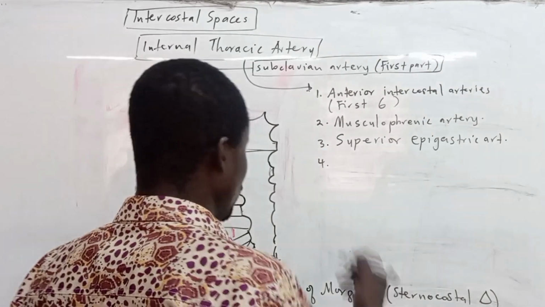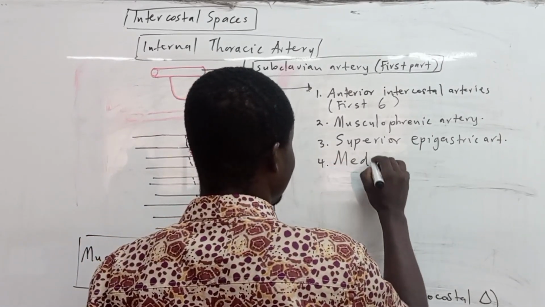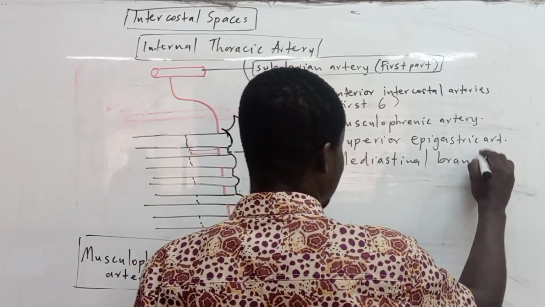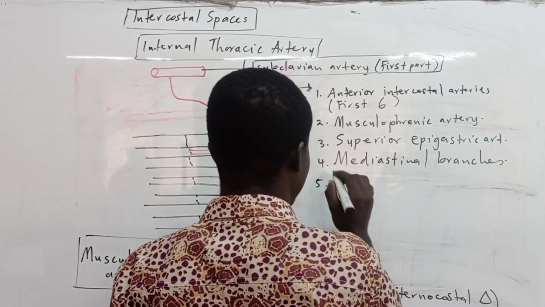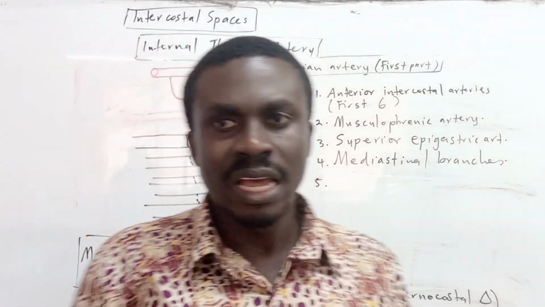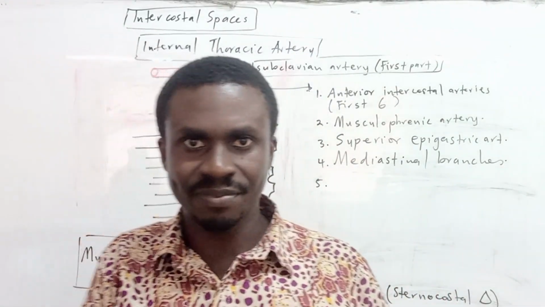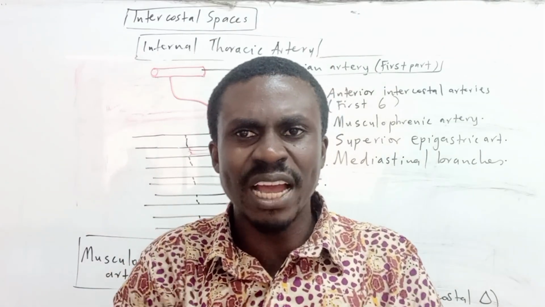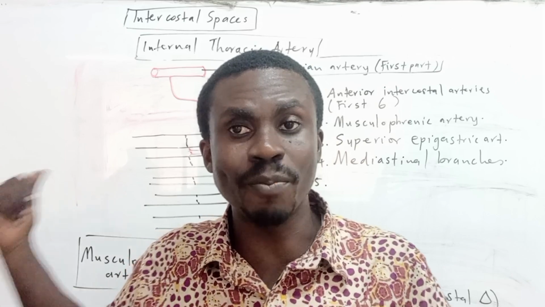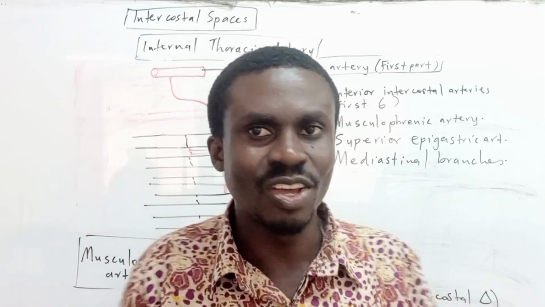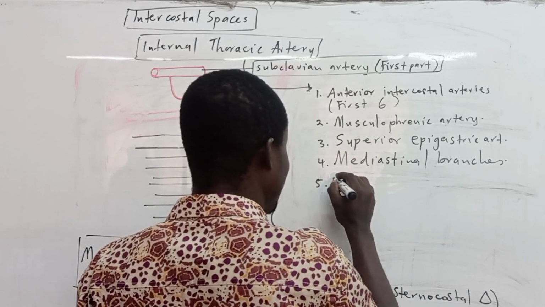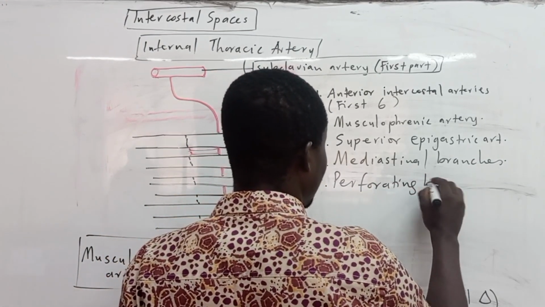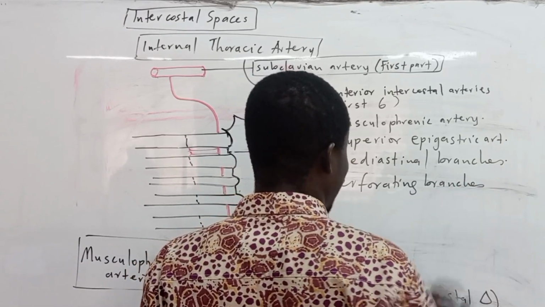Okay, for this reason, it will give off mediastinal branches. Now, in females, especially because their breast is very substantial, we have some branches we call perforating branches.